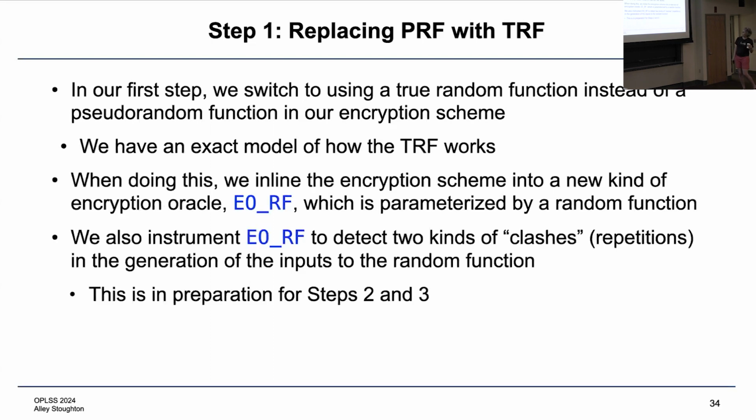We're going to do more in this step. We're going to inline the encryption scheme into a new kind of encryption oracle called EORF, an encryption oracle that's parameterized by a random function. And we're going to instrument this encryption oracle to detect two kinds of clashes. And that's in preparation for steps 2 and 3.